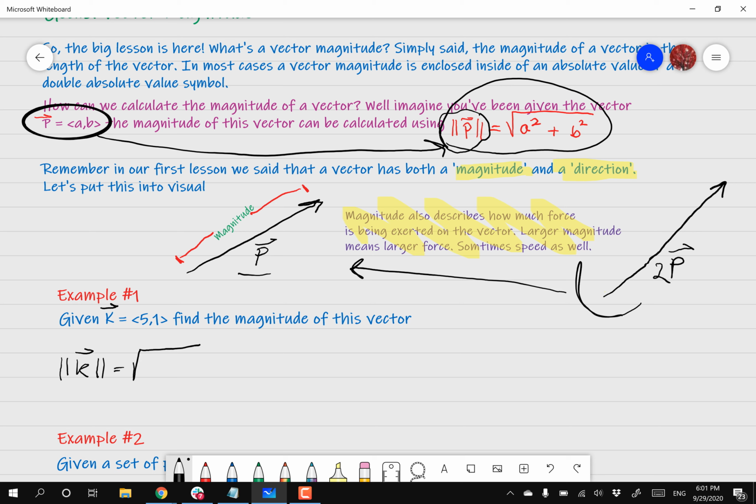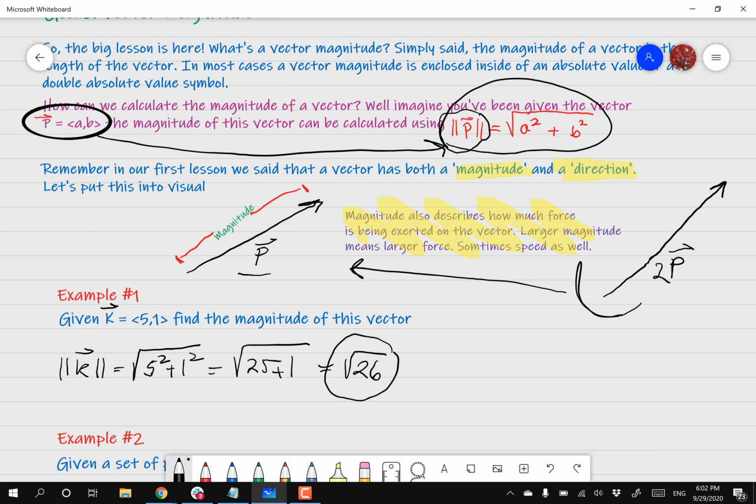So that's going to be 5 squared plus 1 squared. 5 squared is 25, plus 1 squared is 1. So the magnitude of vector k is going to be the square root of 26. You could calculate this, or simplify the square root further, but I'm just going to leave it as that, all right?